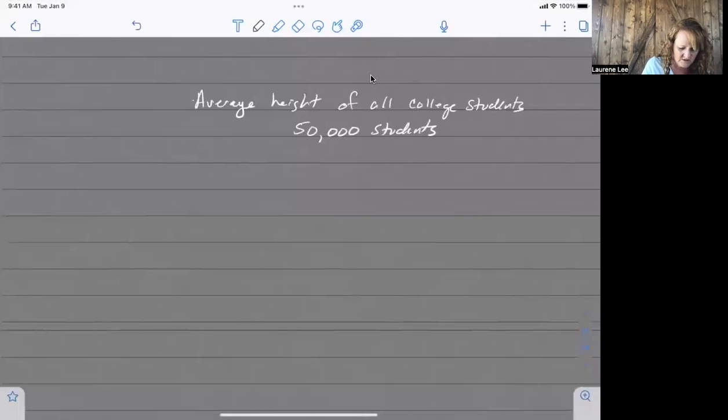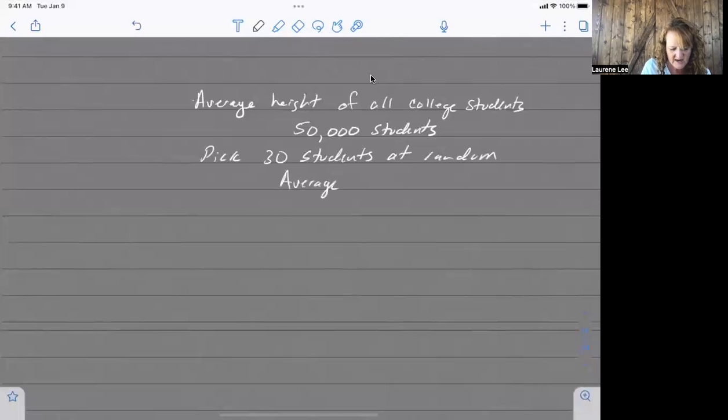I am going to pick 30 students at random. And I measure those 30 students, and I find that the average height of my sample is 5 feet 6 inches.